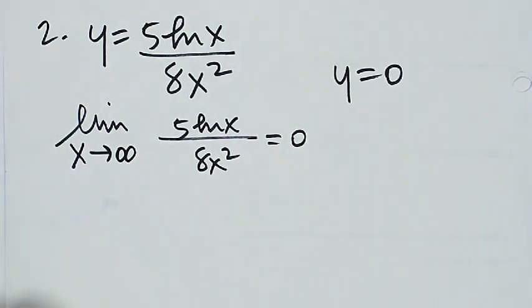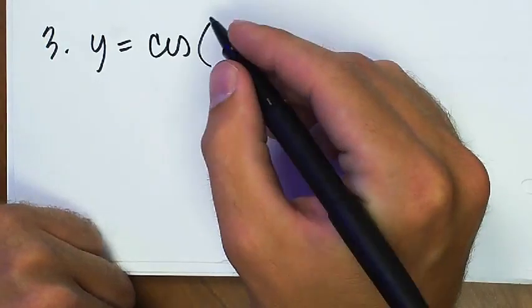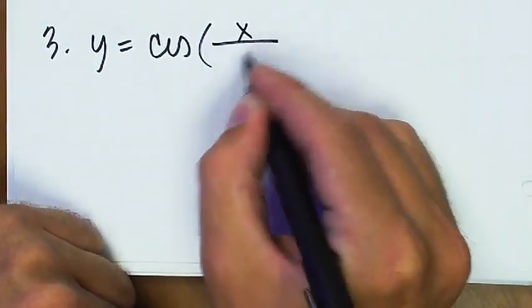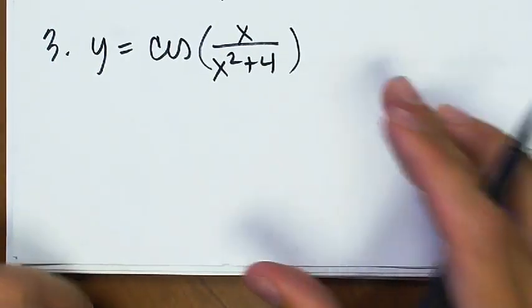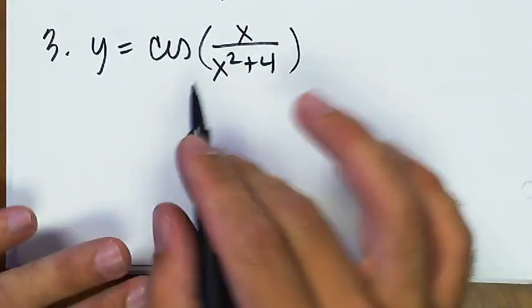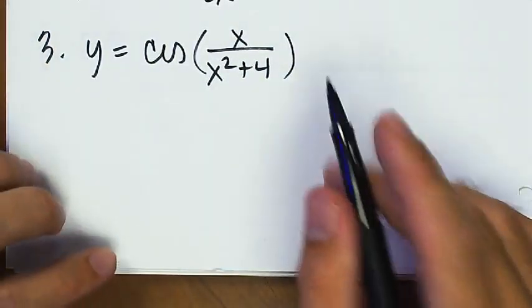The third one, y equals cosine of x over x squared plus 4. Okay, you might be like, there's a lot of stuff going on here. This is not just a fraction for me to determine which is bigger, right?